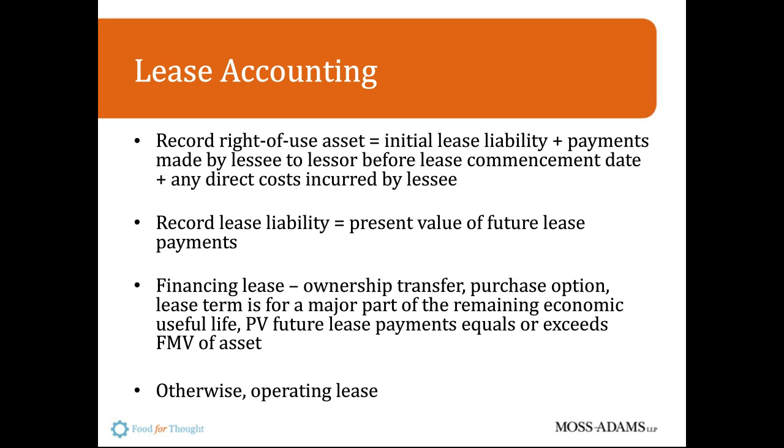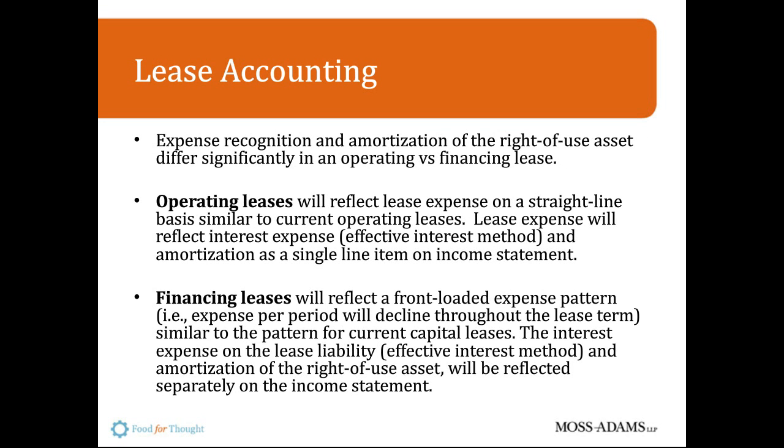I'll cover why it's important to make that distinction. Under an operating lease, you would take the interest expense and the amortization expense and straight line that over the life of the lease, and that would be one expense item on your P&L, on your income statement. So you would have interest expense and amortization expense bunched up into one and call that your lease expense and recognize it straight line.